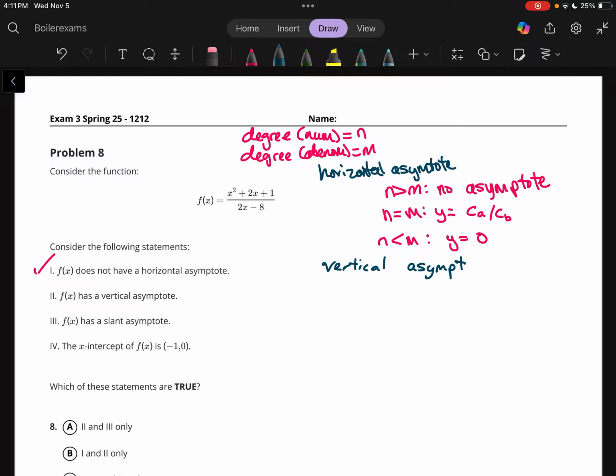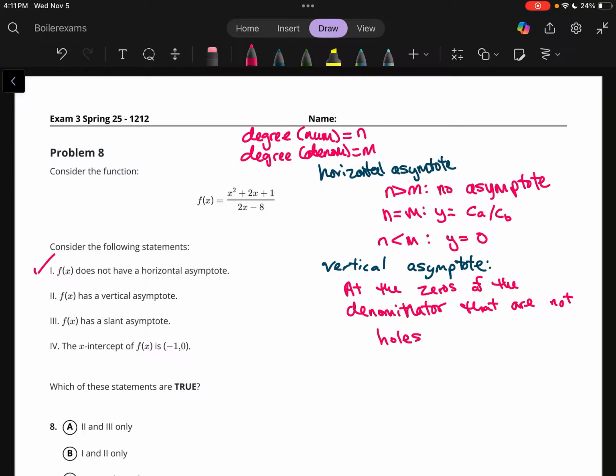All right. So the vertical asymptotes are located at the zeros of the denominator that are not holes.